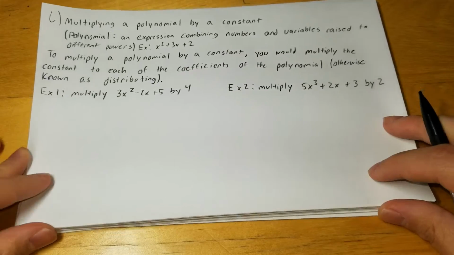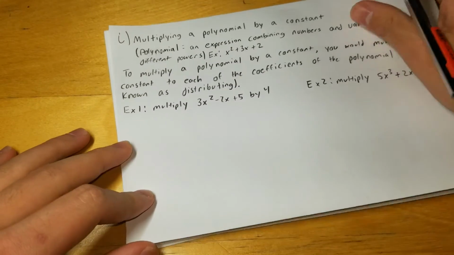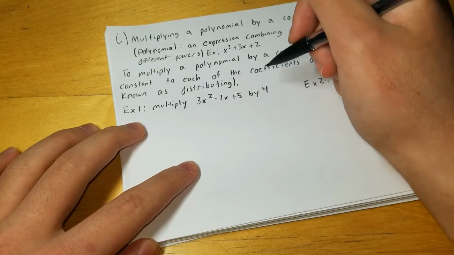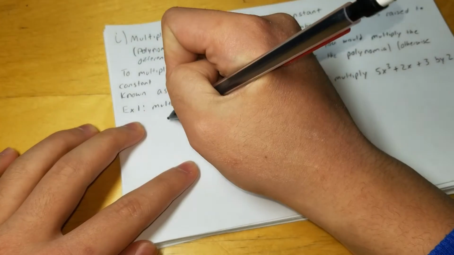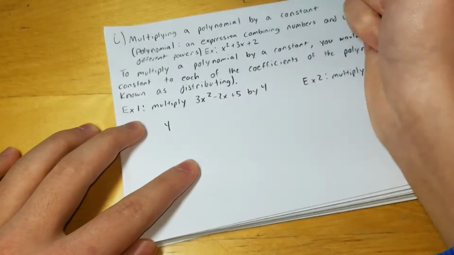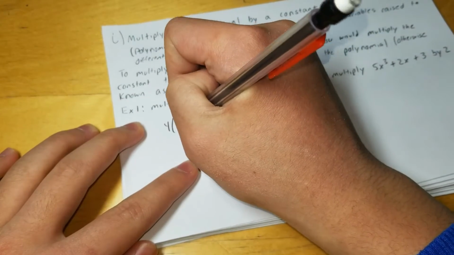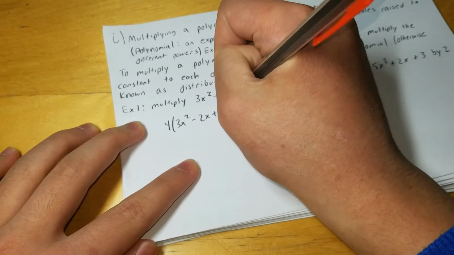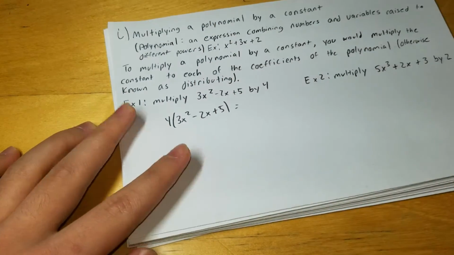Okay, so example 1. Let's do this first. In order to multiply 3x squared minus 2x plus 5 by 4, I would set up the equation first. 4 times 3x squared minus 2x plus 5, equals.